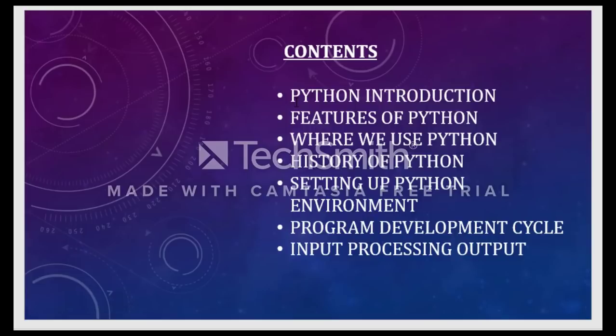We also learned about the Python program development cycle and some basic concepts like input, processing, and output. For any program, what is the process of executing it? We need to give the input, then it will process the data and give the output. So these are the basic concepts we learned in the previous class.